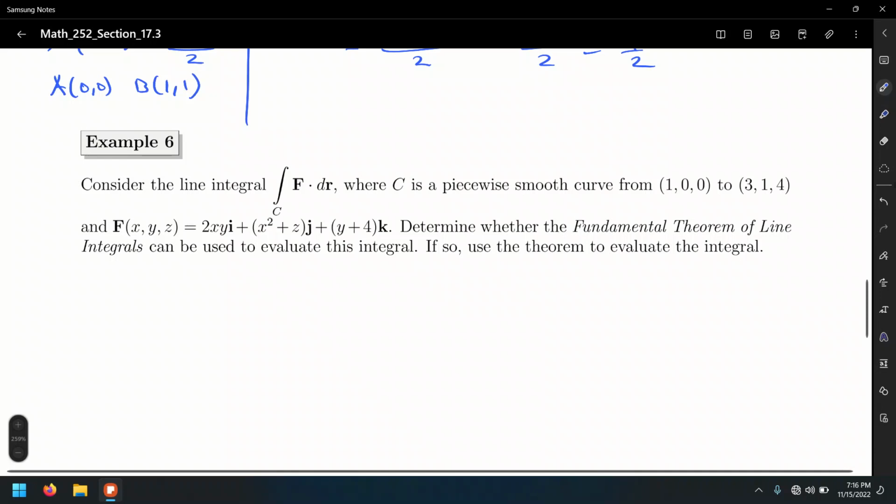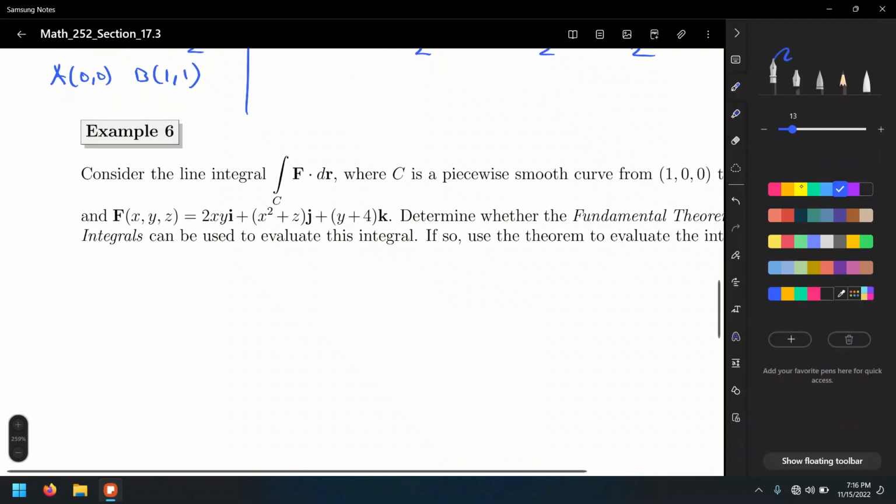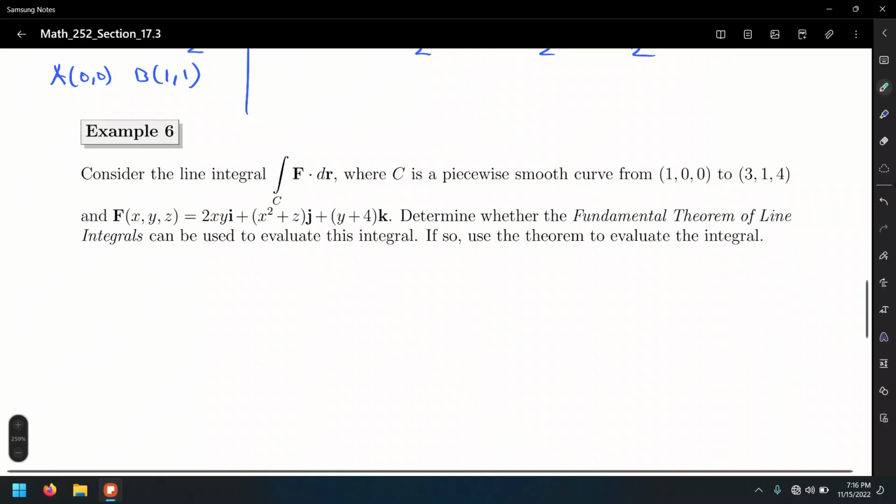If so, what do we need to do? Number one, we need to take 6 partial derivatives and make sure that we have the same results in certain cases. That is to show that the vector field is conservative. On the one hand, let's identify f, which is 2xy, g, which is x squared plus z, and h, which is y plus 4.